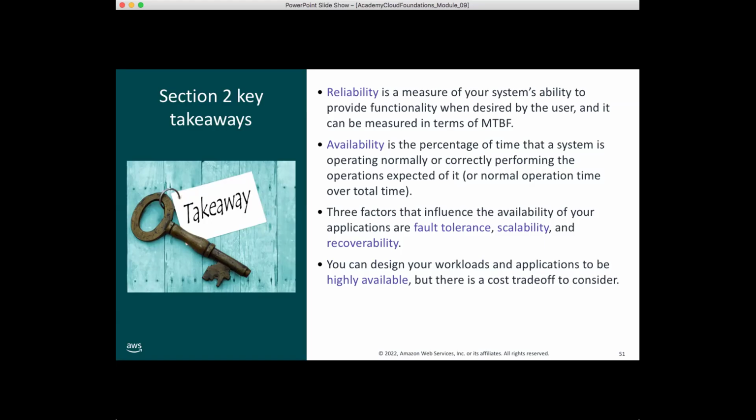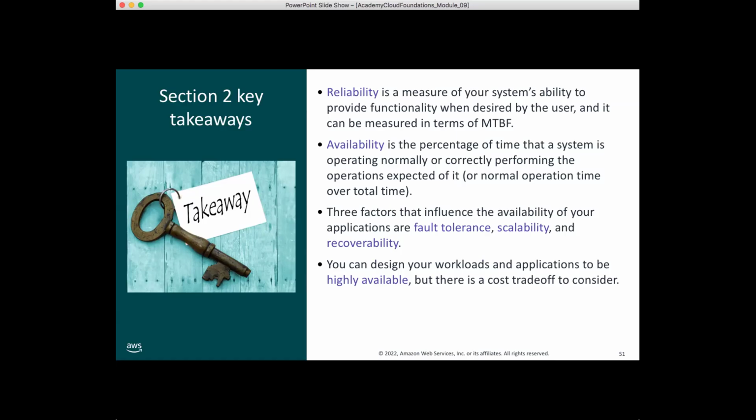We can design workloads and applications to be considered highly available, but there is a cost trade-off to consider, right? Designing highly available systems increases cost.